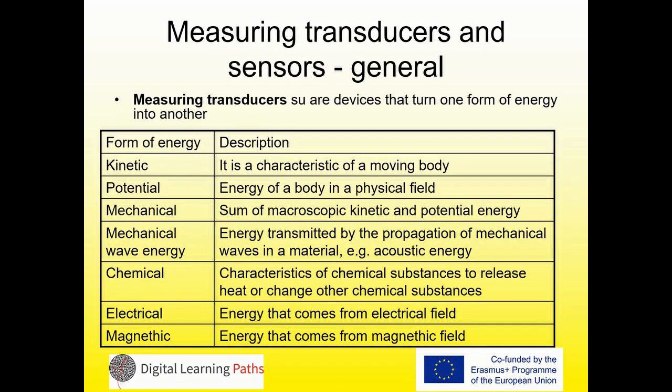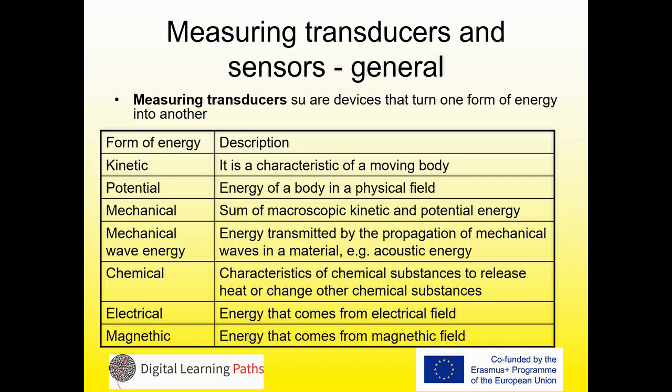Measuring transducers are devices that turn one form of energy into another. There are different types of energy. For example, kinetic energy is a characteristic of a moving body. Potential energy of a body is an energy in a physical field. Mechanical energy is the sum of microscopic kinetic and potential energy.